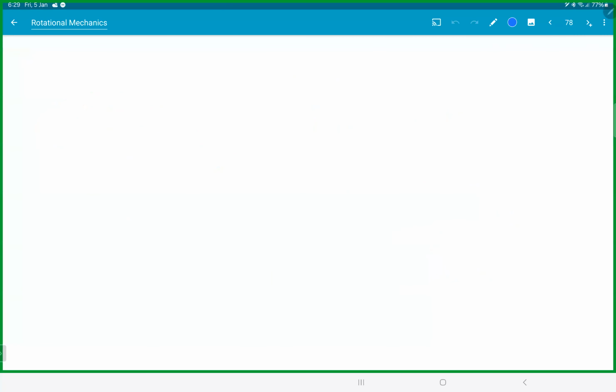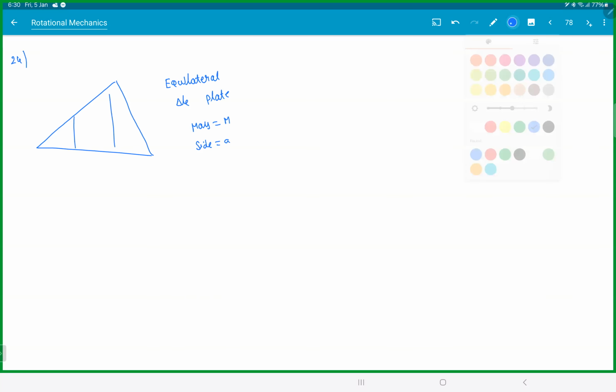Next one will be a good advanced question. We have an equilateral triangular plate, mass M, side A. O is the centroid.